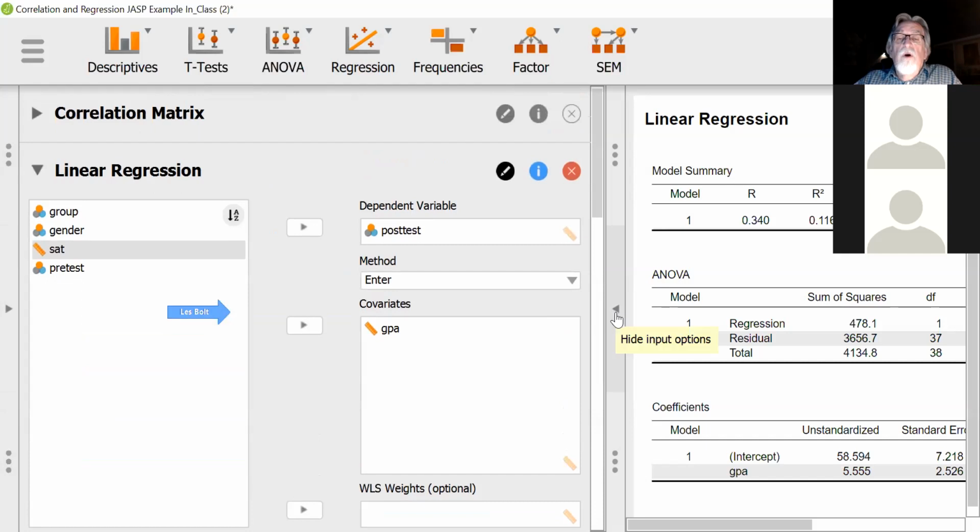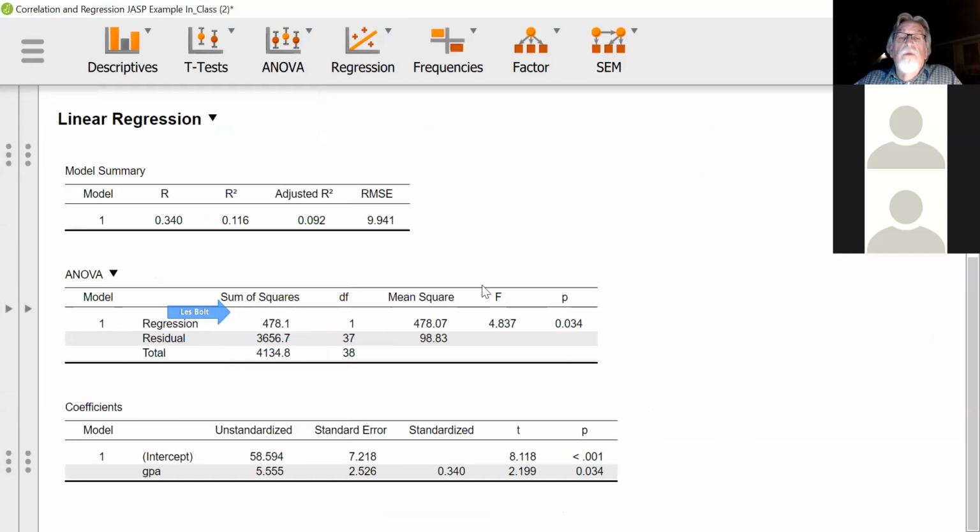And so we go over and we look at the output. We see that it runs an ANOVA to check whether it's significant or not, even though this is regression. It has a p-value of 0.034. We knew that. We knew those two things were connected. And so it's the same p-value as correlation.